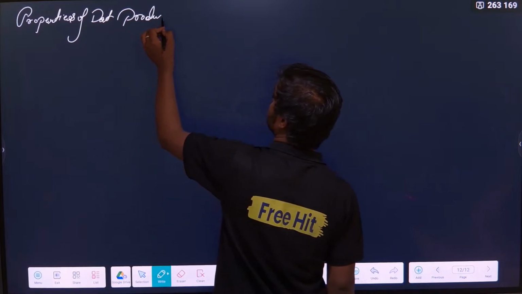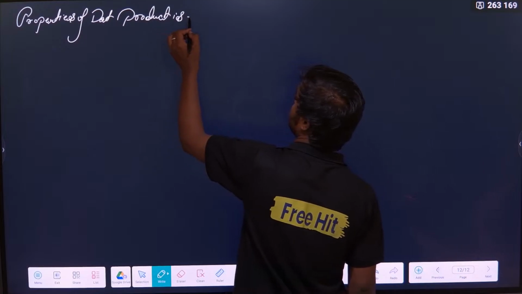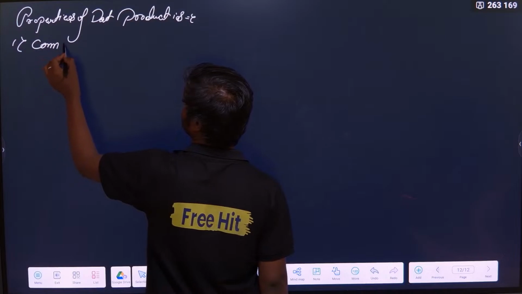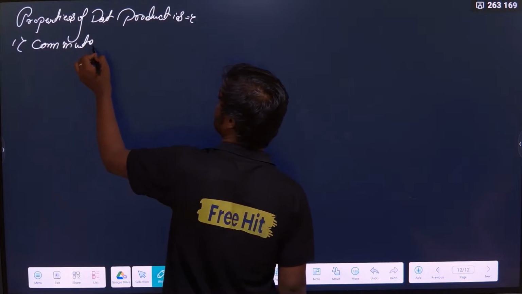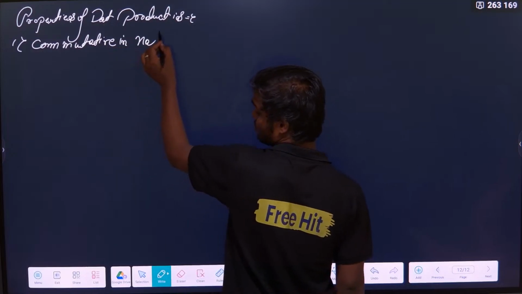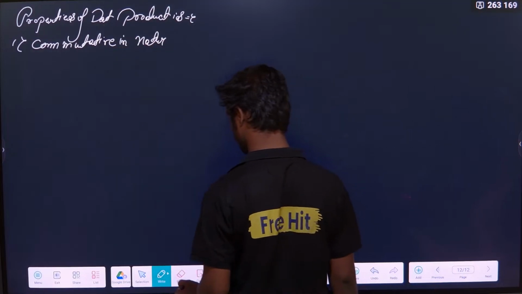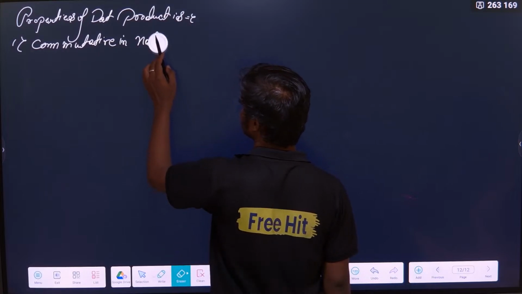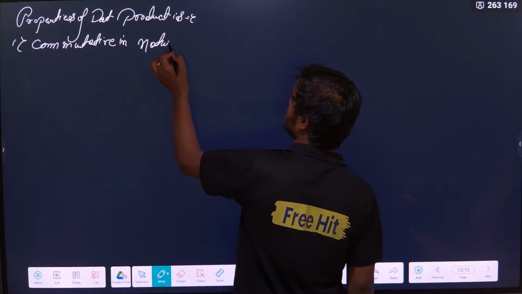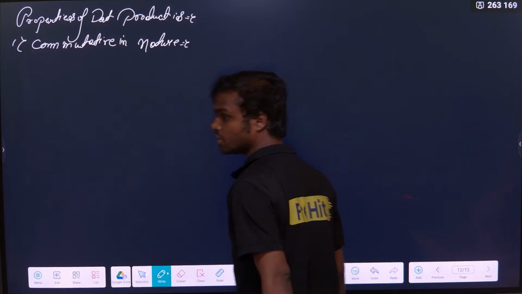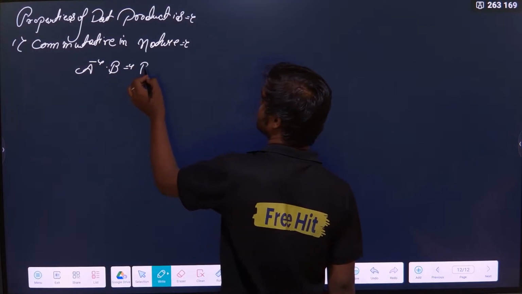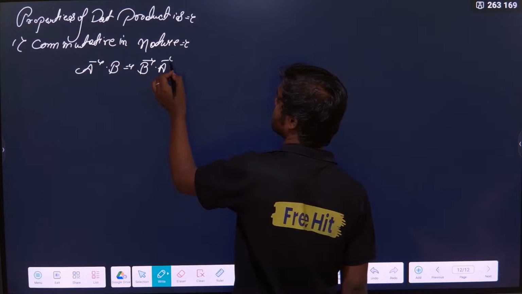First property, it is commutative in nature. Commutative means if I find A dot B, I can say this is equal to B dot A. That is the first thing.